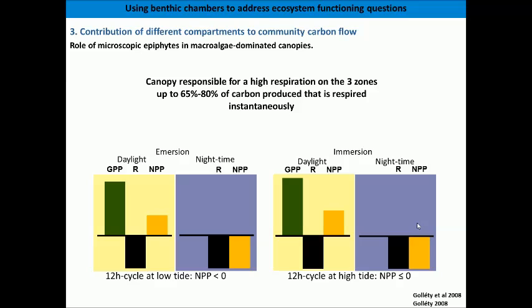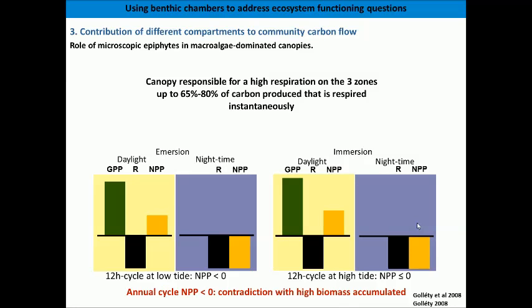And this again results in a 12-hour cycle at high tide of a negative or maybe null net primary productivity. So you end up with an annual cycle of negative net primary productivity, which is in complete contradiction with the high biomasses that are being accumulated in those sites.